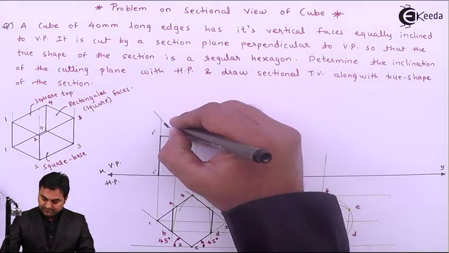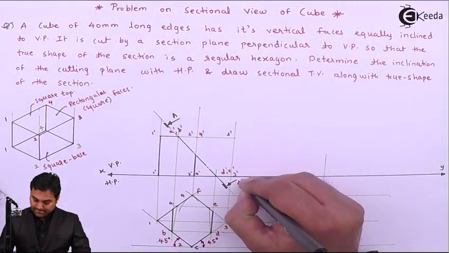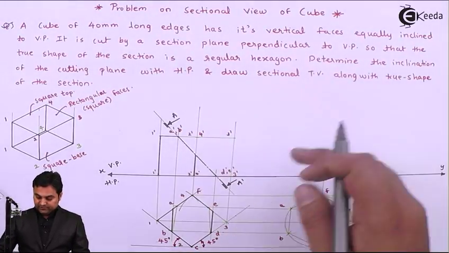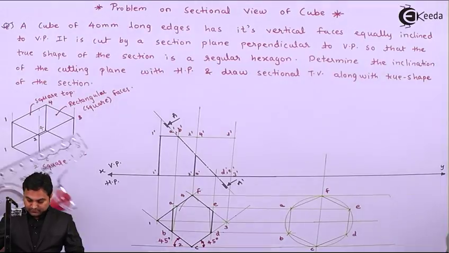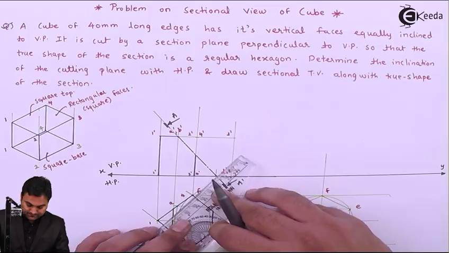So this is the cutting plane. I'll say it is A dash, and then this much portion is removed. Here we are getting the section, so drawing 45-degree lines through it as the section lines.